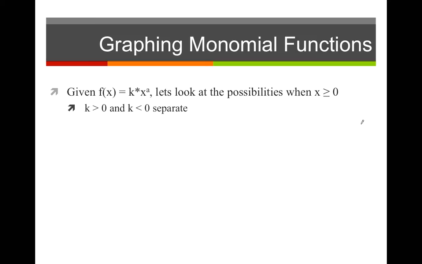So there are things that we can do here. If we were to think about what would happen in certain functions, let's go ahead and get a graph going here.